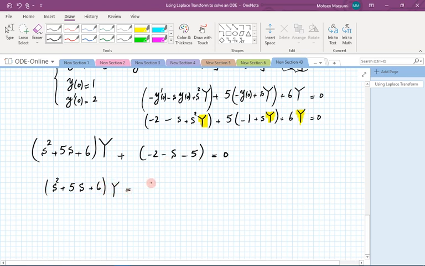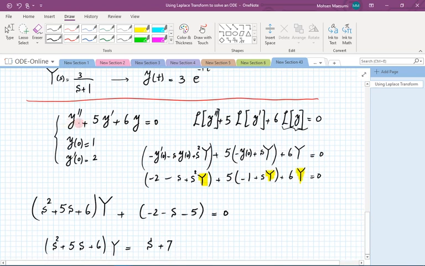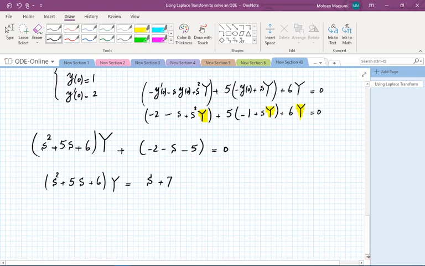Take this to the other side, it becomes s plus 7. Notice that this is exactly the characteristic polynomial we had before. It's copied off of this exactly. So this is 1 s squared, 5 s, and 6. That's not an accidental thing, it always happens, and it's a good check for you to make sure your arithmetic is correct.